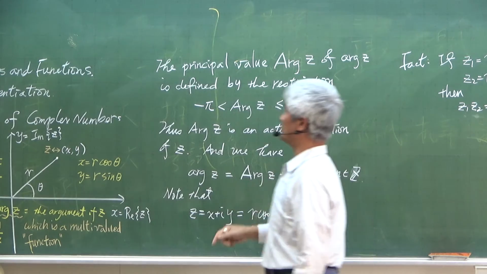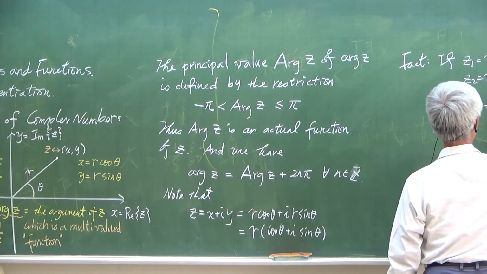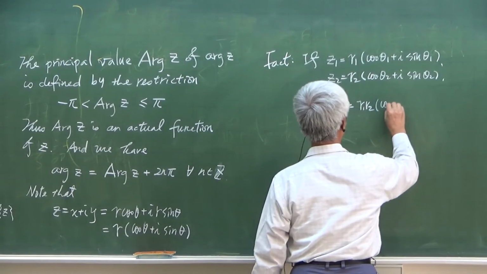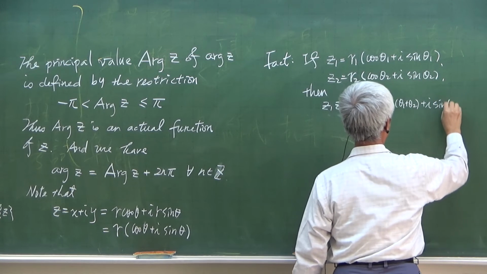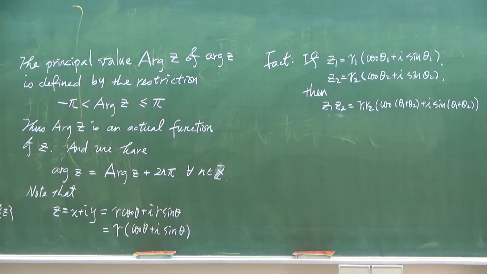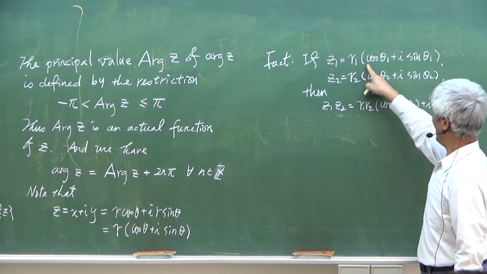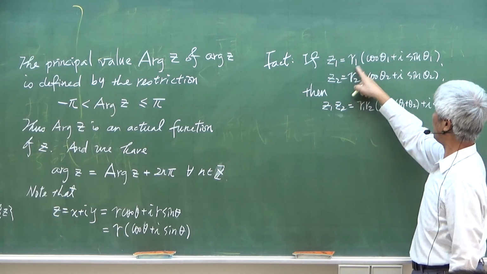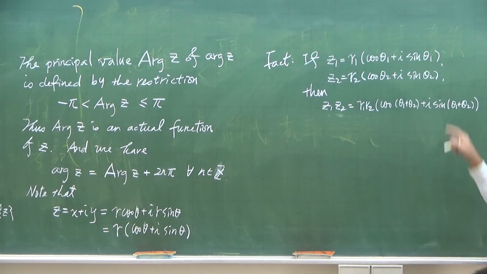Of course, you can use the Cartesian coordinate representation to compute the product, okay? But when represented by the polar system, we will see that this becomes r1 r2 times cosine of theta 1 plus theta 2 plus i sine of theta 1 plus theta 2. Okay. So we have this identity. So if we represent z1 to be r1, alright, this is polar representation, and z2 can be represented in this way.